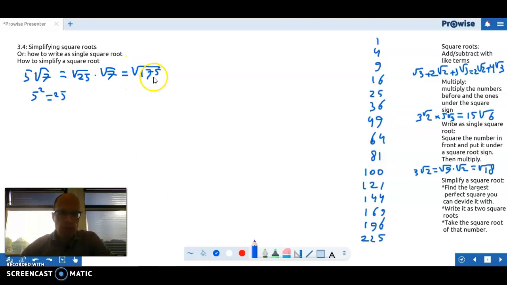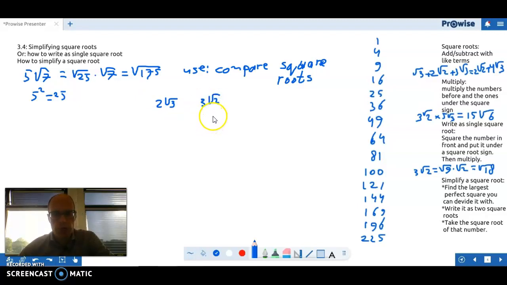When do we use this? If you compare square root numbers. So if you want to compare the square root of 3 with 3 square root of 2, which one is bigger?